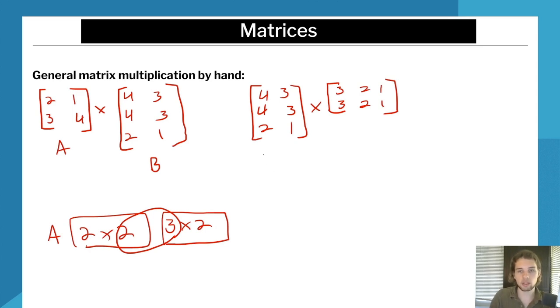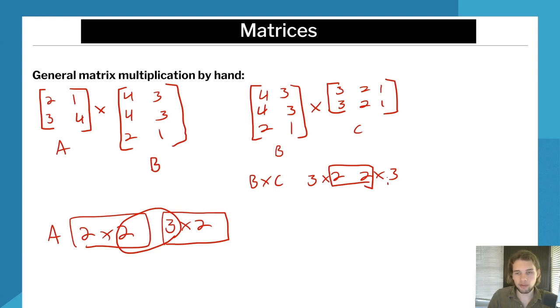Can these matrices multiply each other? Well, let's look at the dimensions of B. We have 3 rows and 2 columns. And for C, we have 2 rows and 3 columns. Okay, so we can multiply them because these numbers are equal.